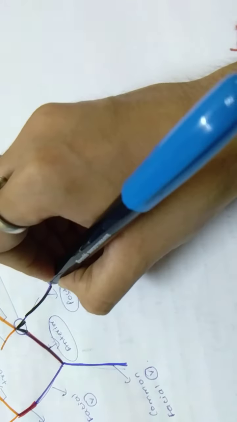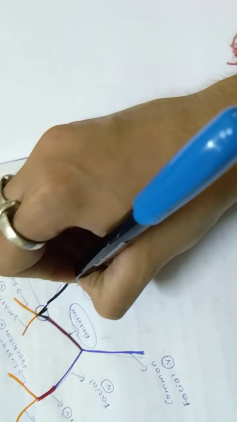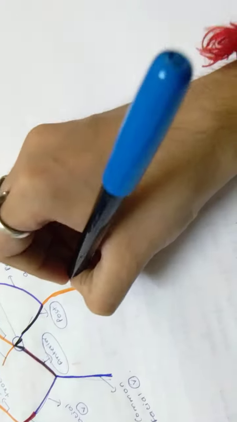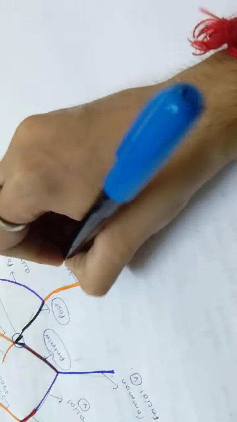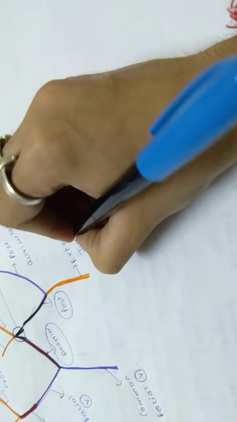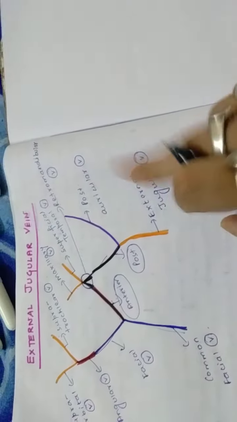So this posterior auricular and the posterior branch of the retromandibular vein both join to form a vein which is known as external jugular vein. So this is our topic, the external jugular vein.